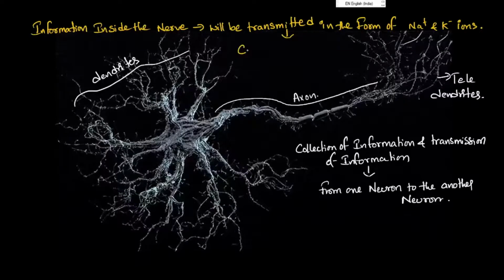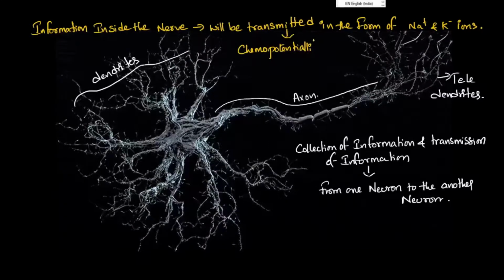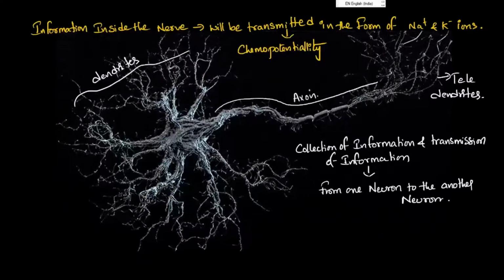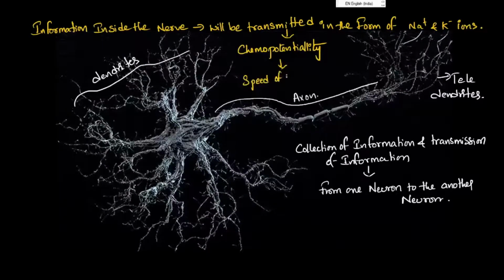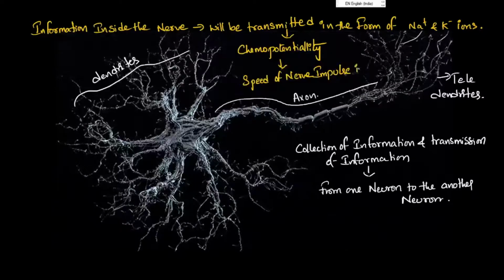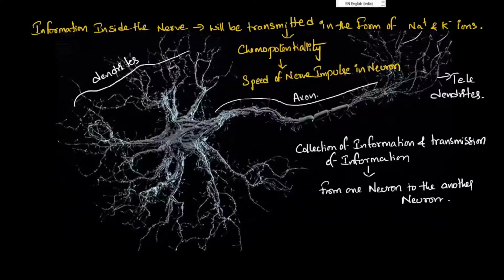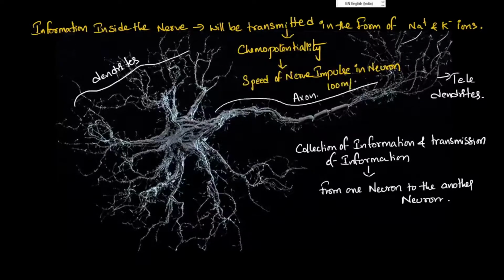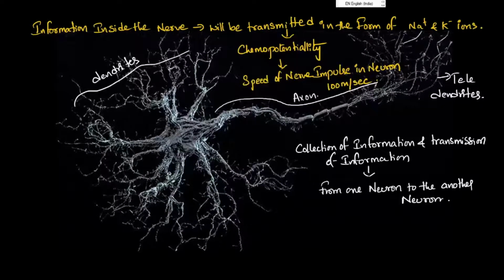This type of nerve impulse we call an action potential, students. And the speed of nerve impulse in a neuron is, so how much, students? 100 meters per second. The speed of nerve impulse in a neuron is 100 meters per second, students.